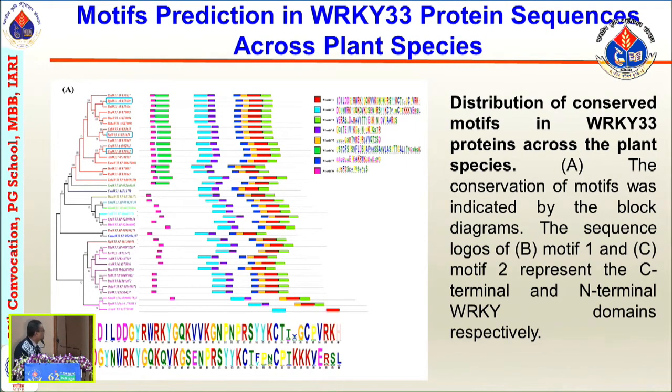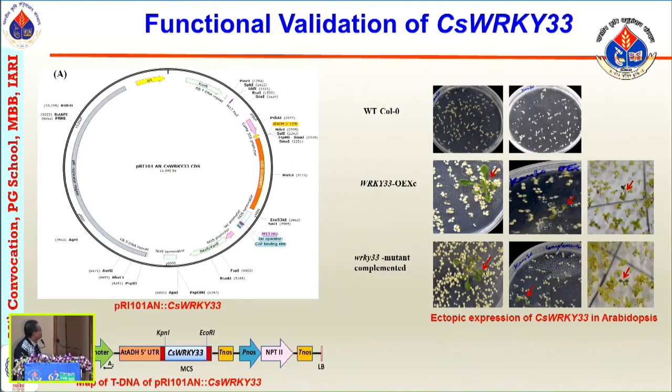So he cloned the gene, sequenced it, and carried out in silico analysis. The gene was cloned in a plant transformation vector and introduced into Arabidopsis, and the transgenic Arabidopsis expressing this gene showed very little susceptibility towards Alternaria infection.